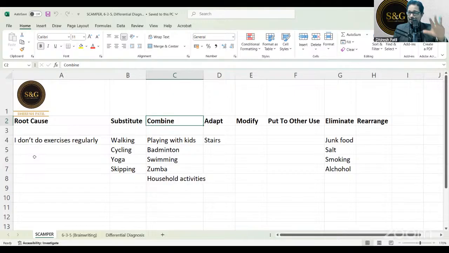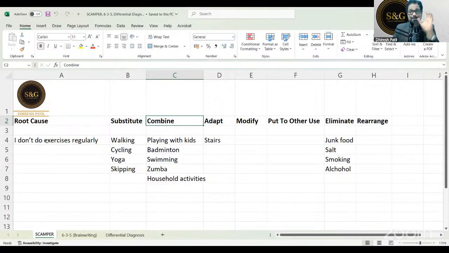Let me be very honest, I'm also not very regular. That's why I've taken this root cause. I have a gym membership. Me and my wife regularly go. She is more regular than me because I keep on traveling a lot. But again, the root cause is I do not do exercises regularly.